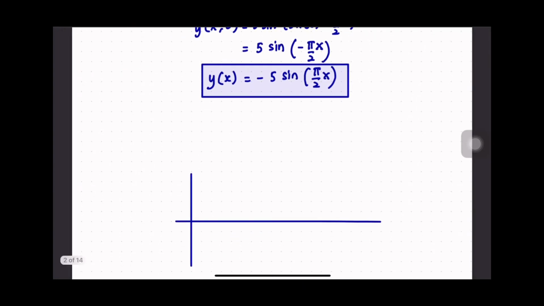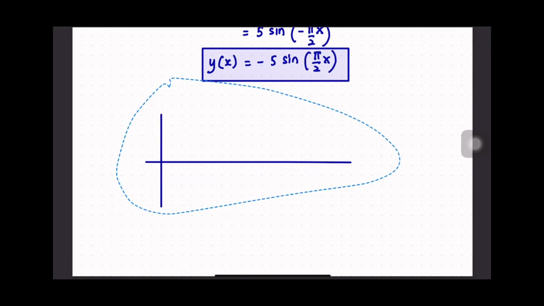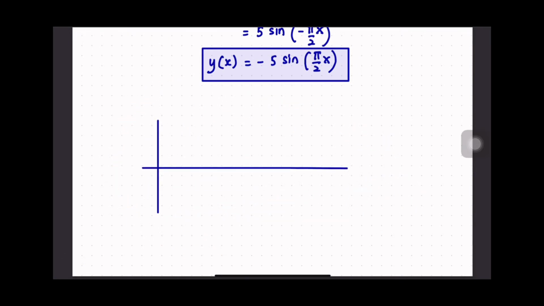So it's represented by a negative sine graph. So, plot the negative sine graph. Okay, but the range is 2 times, so twice. Okay, this is the graph of y against distance.